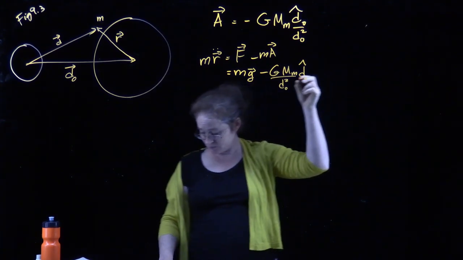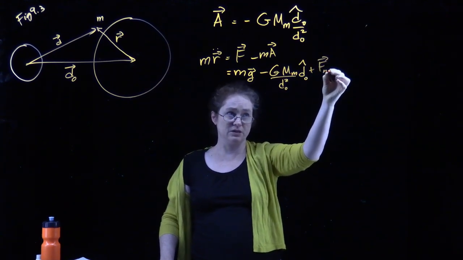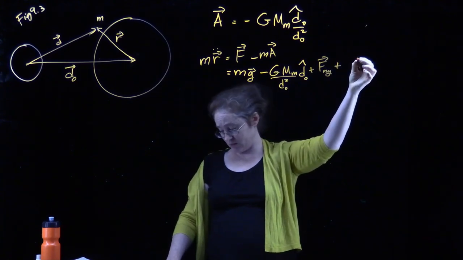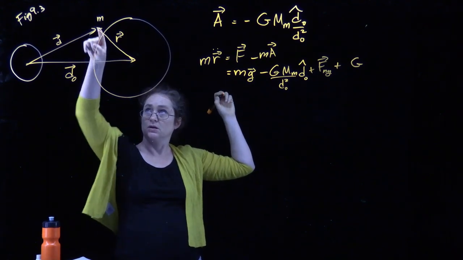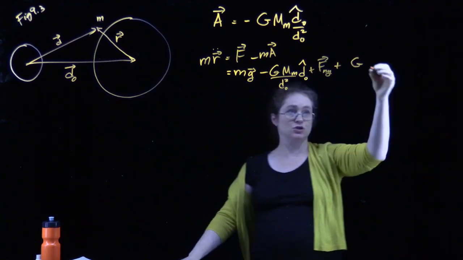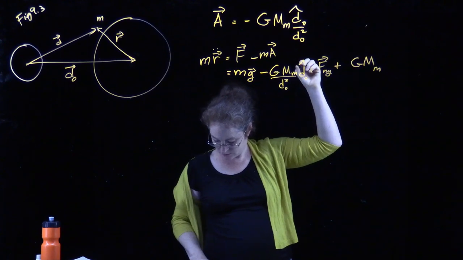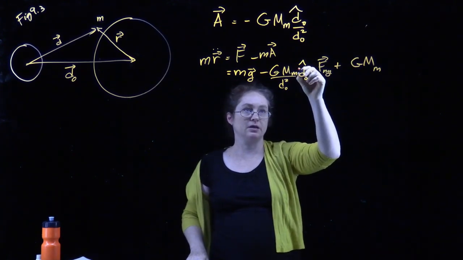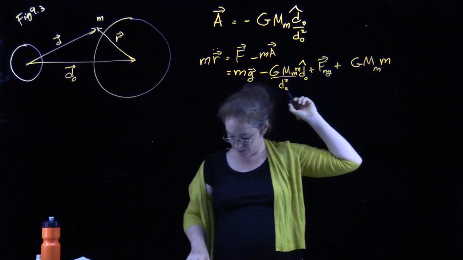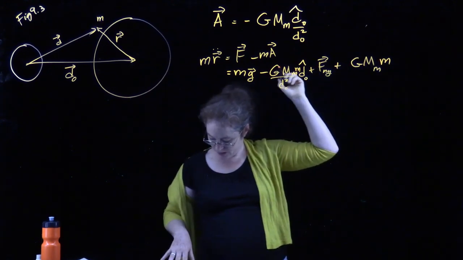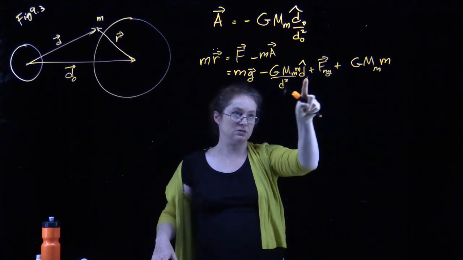And then there could be some non-gravitational forces, and then we have the actual force here, GMm. I dropped an M; there should be an extra M there. Big M, little m, and then here, this actually should not have the d naught.